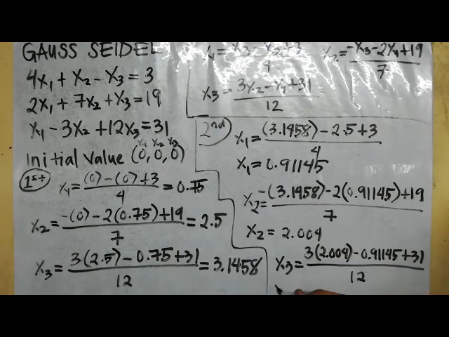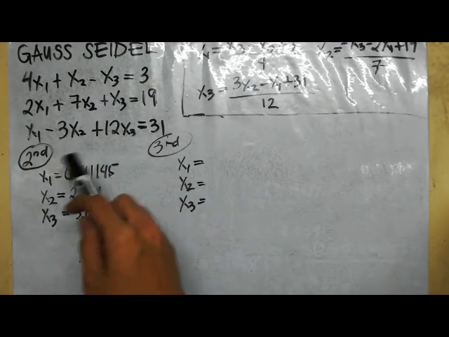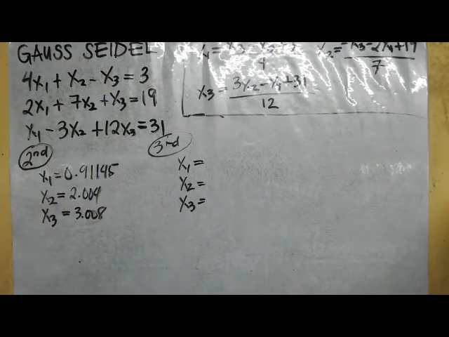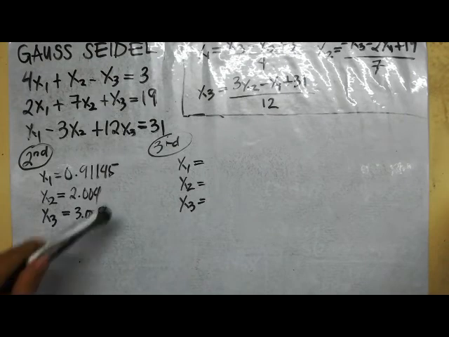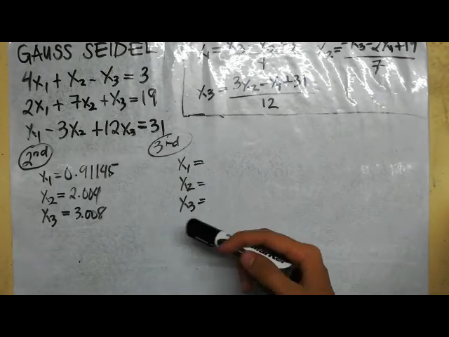So our x sub 3 equals 3.008. So here we have our values for x sub 1, x sub 2, and x sub 3 from our second iteration. For our third iteration, we will just substitute these values into these equations to get the new values for x sub 1, x sub 2, and x sub 3.